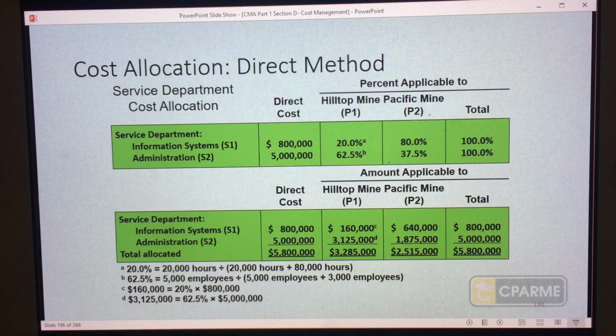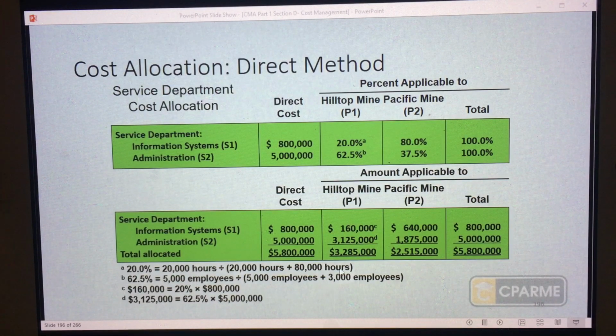So let's continue the computation for the cost allocation. Using the allocation percentages, your P1 is allocated 160,000 of S1 at the table below. That's 20%. And then 3,125,000 of S2 cost. Where did the 20% come from?